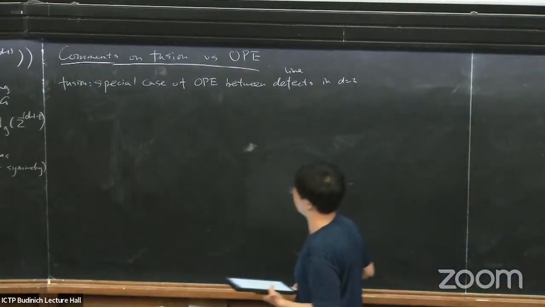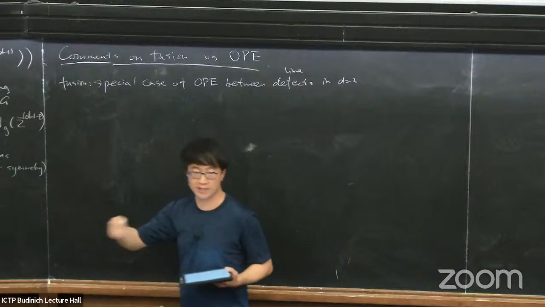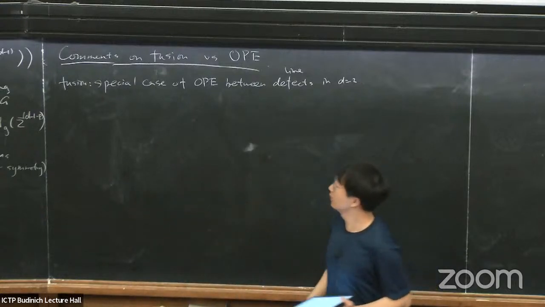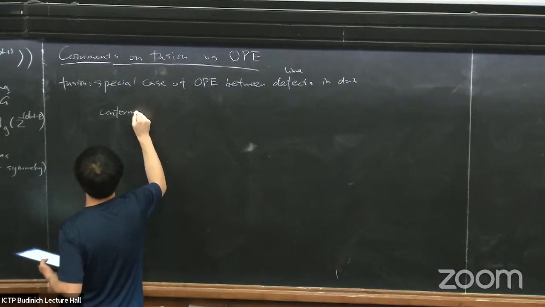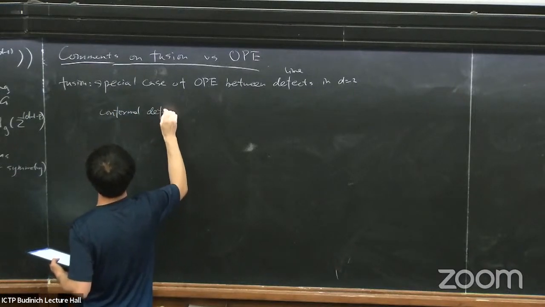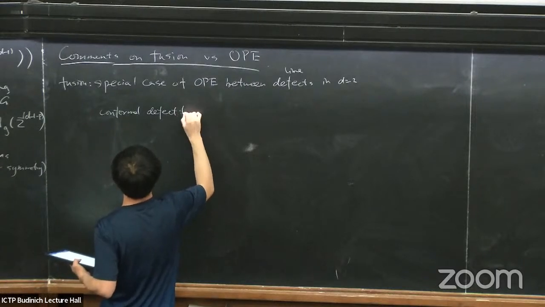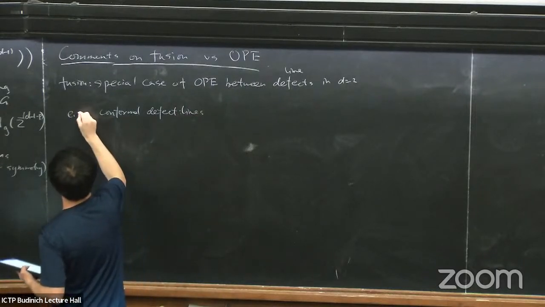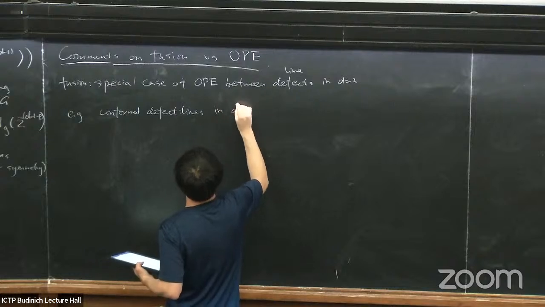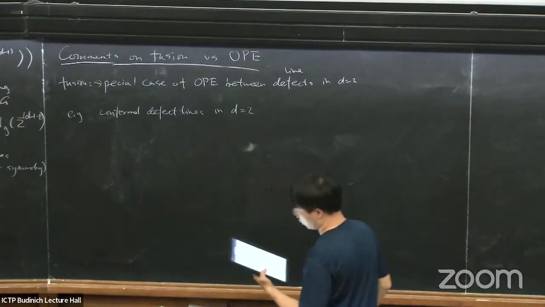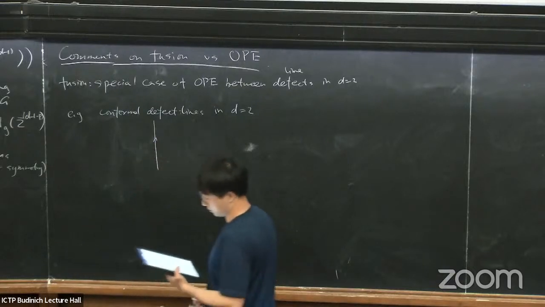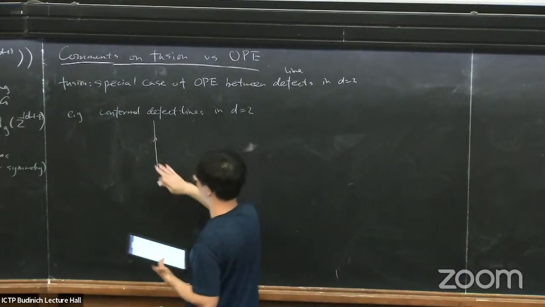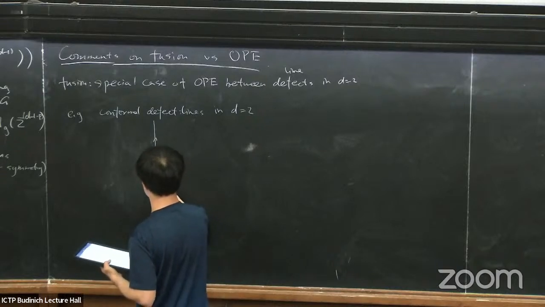For example, just to make connection to existing knowledge about defects, let's consider an example of conformal defects. So a large class of non-trivial defects are these conformal defects, conformal defect lines, in d equal to 2. So these defect lines are again denoted in the same picture, but let me emphasize this is a conformal defect in general.